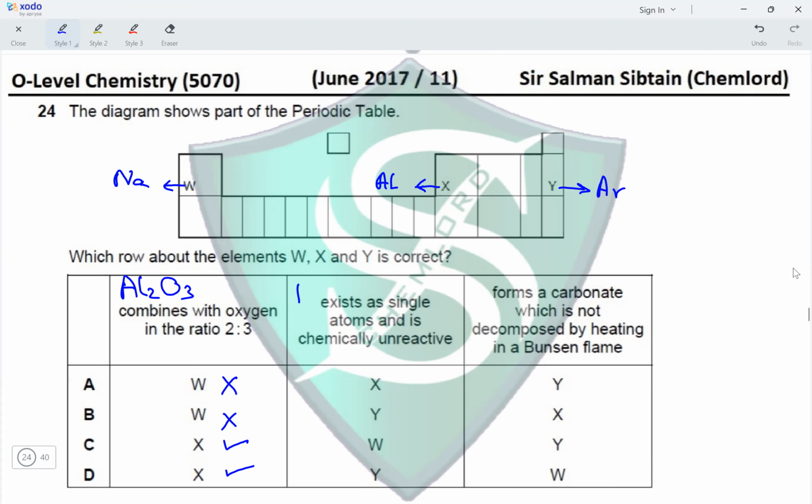That is the noble gas argon, which has the label of Y. So Y is correct in option D, eliminating option C. And finally, forms a carbonate which is not decomposed by heating in a Bunsen flame, which would be a stable carbonate that would be formed by sodium. Sodium is represented by W, making option D the correct option for this question.